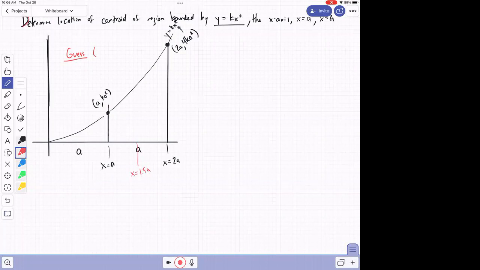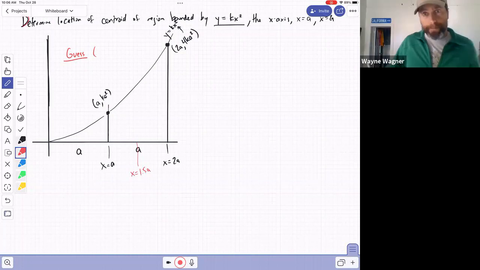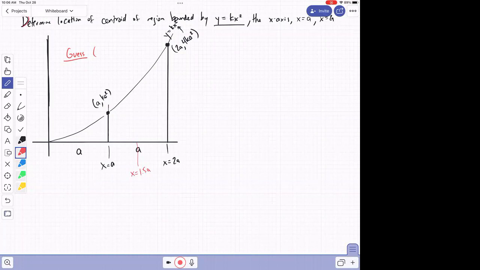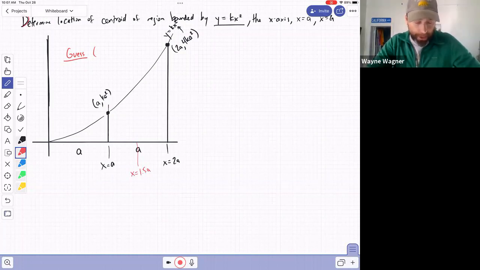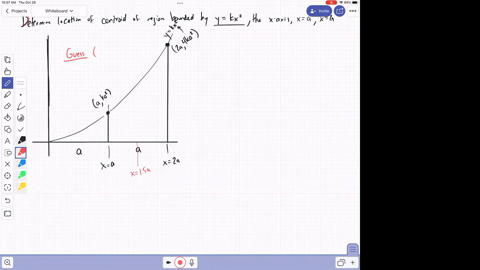Is the centroid affected by the y value? It'll be closer to 2a, right?